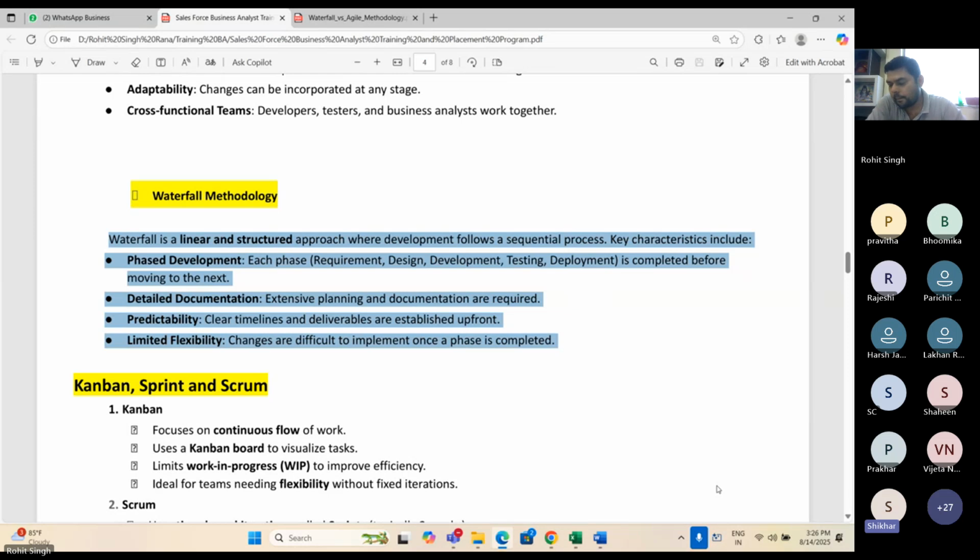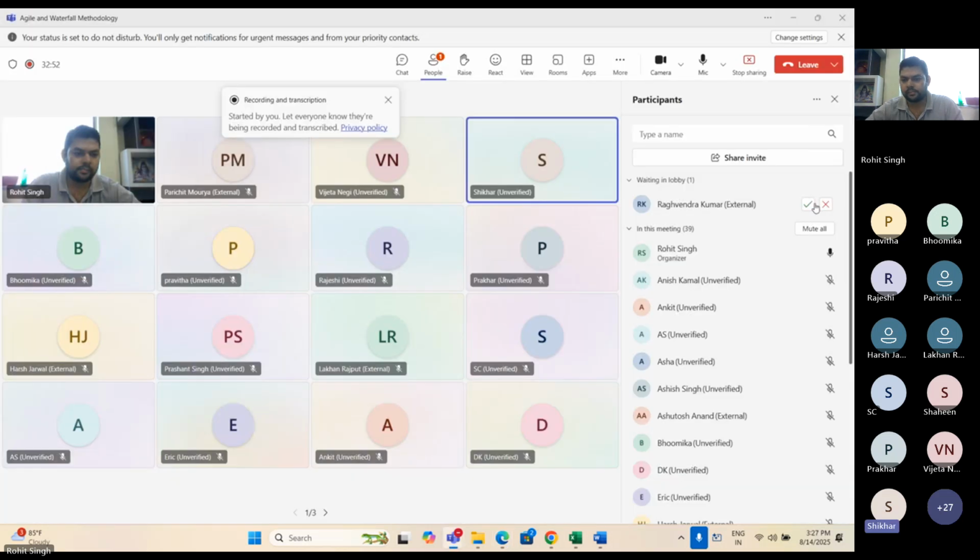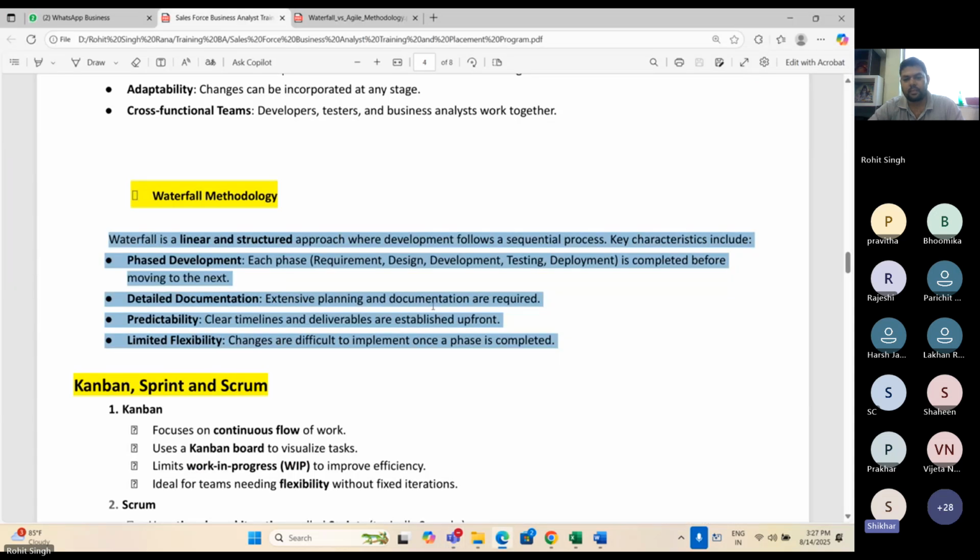Waterfall is a linear and structured approach where development follows a sequential process. Key characteristics include phased development: each phase, requirement, design, development, testing, deployment, is completed before moving to the next.